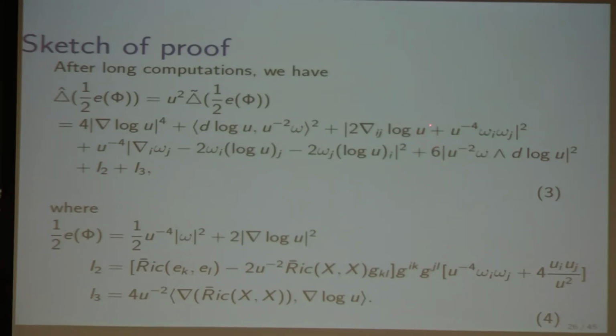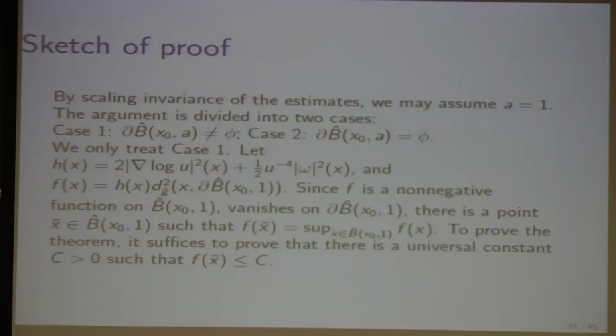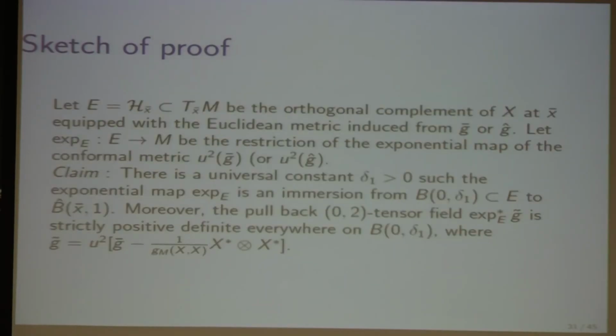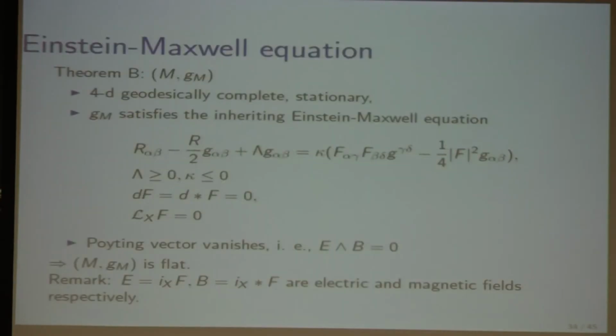For this term, because u is a constant, this is 0. This tells you omega is 0. But it's impossible, because E is omega squared times log u... so this 0 tells you E is 0, but it's impossible, right? Because we assume E is 1 at the origin. So this is a contradiction. Okay, so this is the proof.